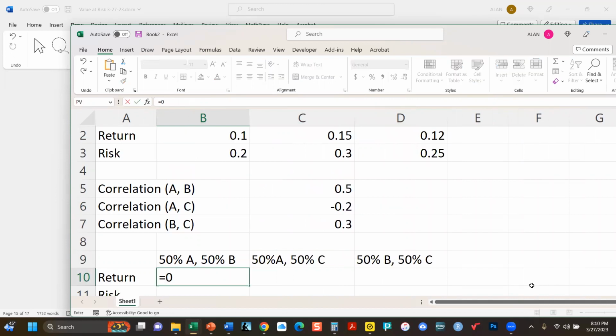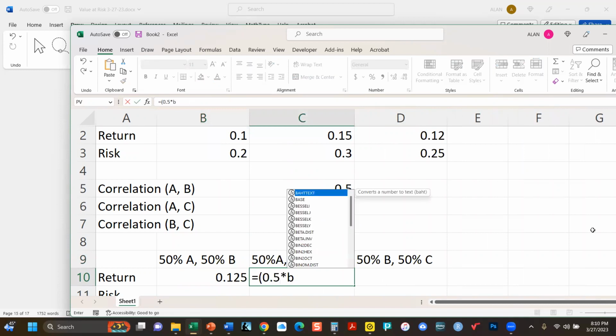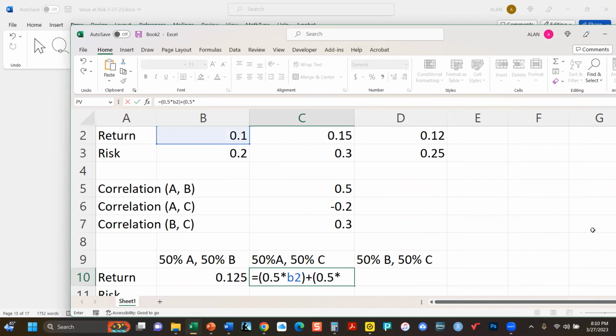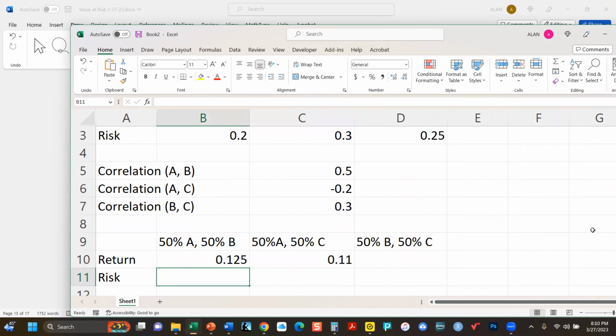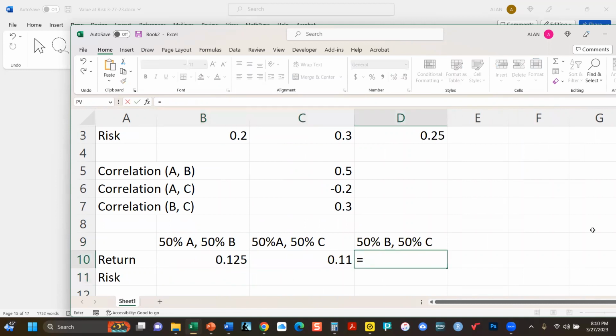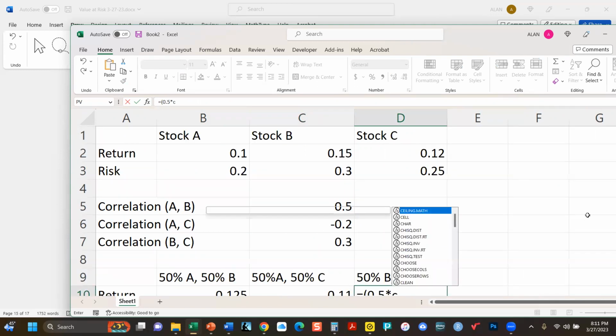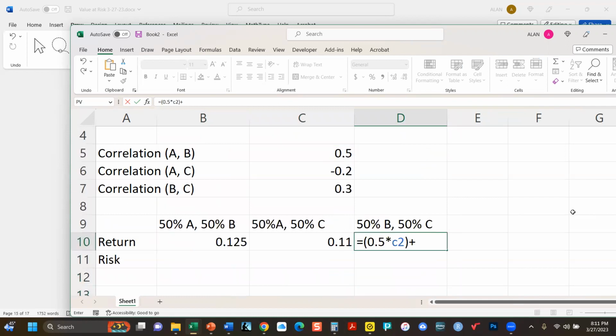And so, all right, those are the returns we get.